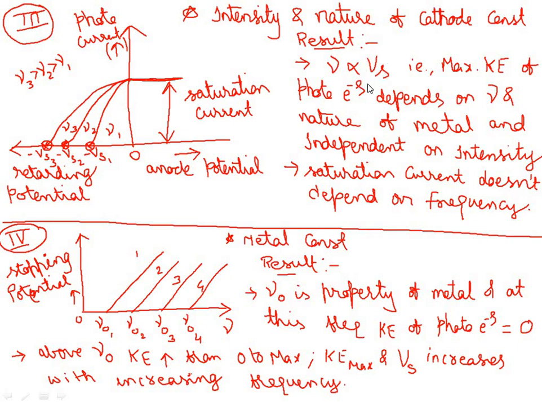And whenever we speak about stopping potential, the kinetic energy at that stopping potential is nothing but the maximum kinetic energy. So we can also say that the maximum kinetic energy of photoelectrons depends on frequency, and on the nature of the metal, and that's obvious. For every different metal it will be different. And it is independent of intensity, because we made the intensity constant here, so the maximum kinetic energy doesn't depend upon it.